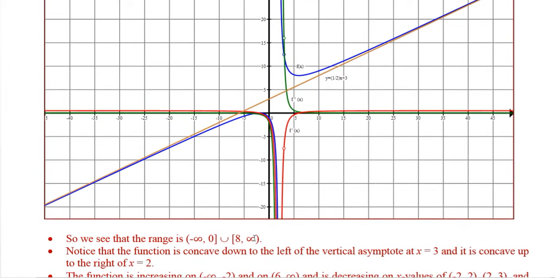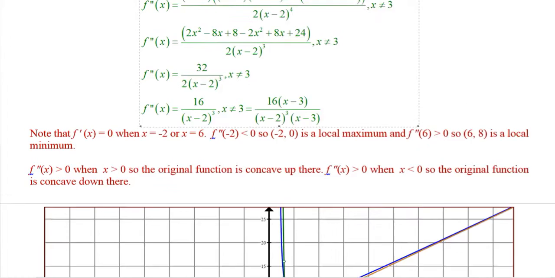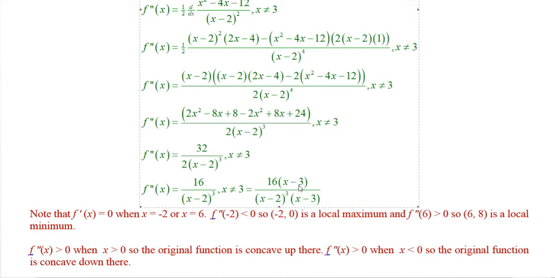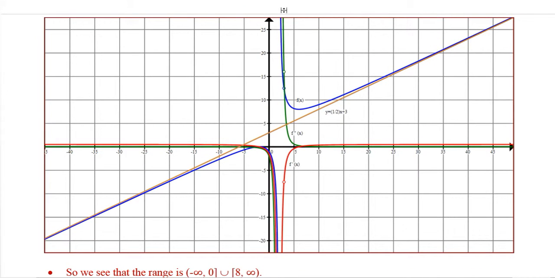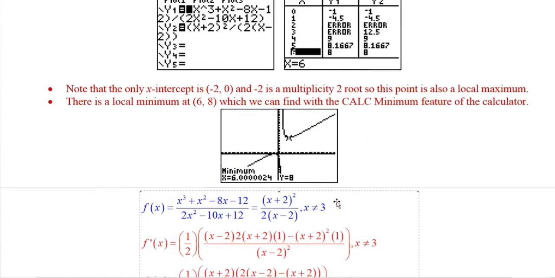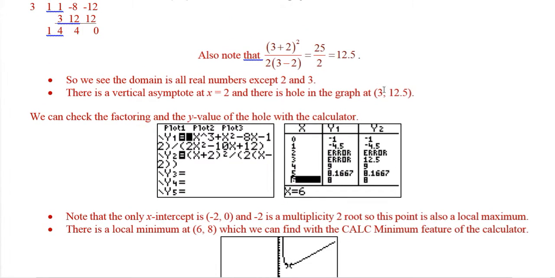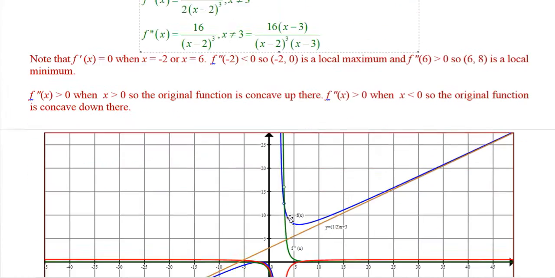Now here is a Graphmatica graph, and I graphed these in Graphmatica using the versions that have the x minus 3's in them, remembering to put parentheses around the numerator and parentheses around the denominator, and we get these. So the blue graph is the original graph, and notice you can see the hole in the graph right here, and that was at 3, 12.5.